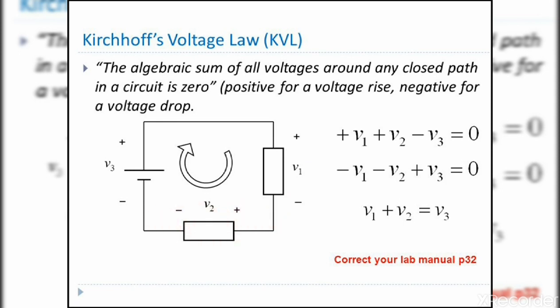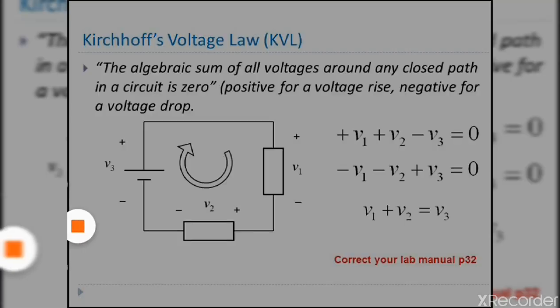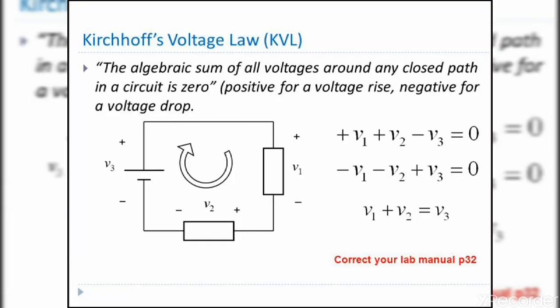Through V2 it is also plus to minus, a voltage drop, so minus V2. So the total algebraic sum can be written as minus V1 minus V2 plus V3 equal to 0. This is the algebraic sum of all the voltages, equal to 0. So we can write V1 plus V2 equal to V3.